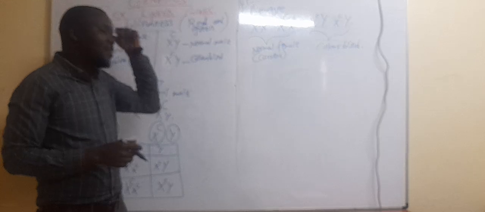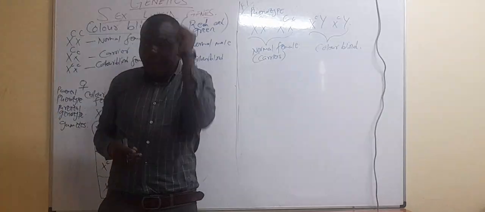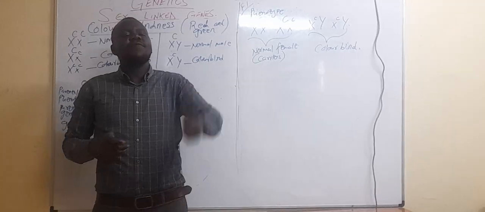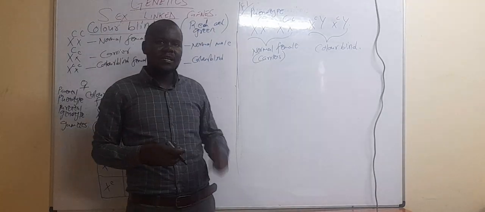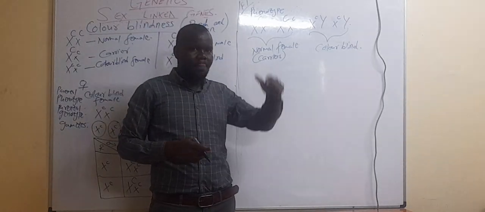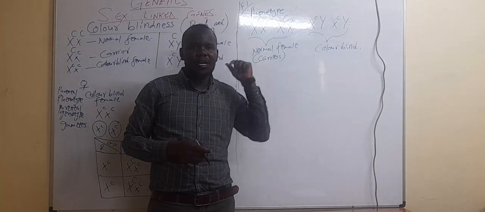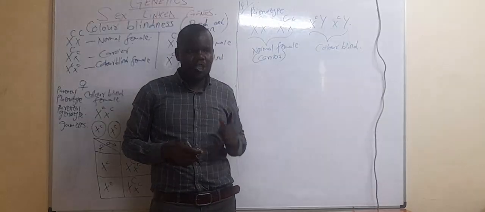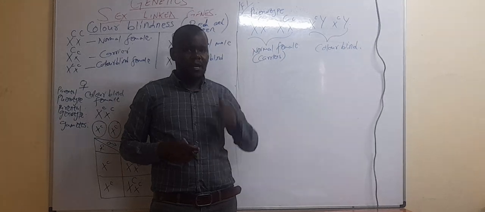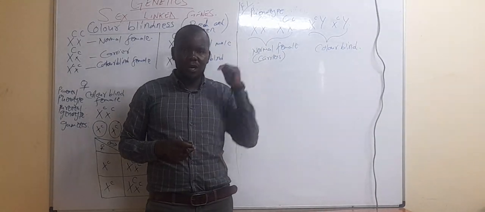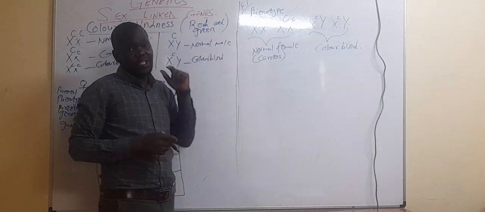So it means if the female is colorblind, definitely her sons will be colorblind. That is how the genetics works. In real life, before a female and a male get married, it's good to check about these disorders.